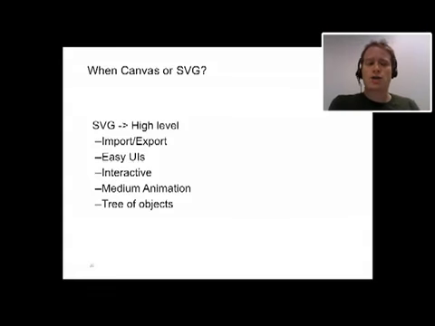You can load it into Illustrator, into Inkscape. Use it whenever you want to create easy user interfaces, because SVG is a retained mode API, which means there's a tree of everything that you've added to the screen. So it's really easy to do hit detection and add events to things because you can just add your listeners somewhere in the tree. It's interactive, it's good for medium animation, and it gives you a tree of objects.